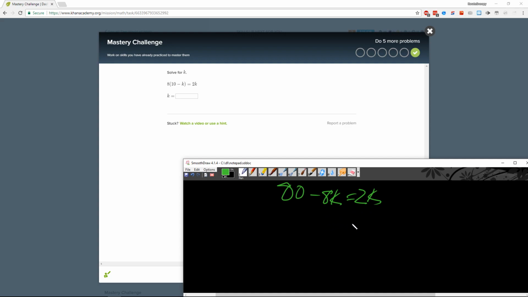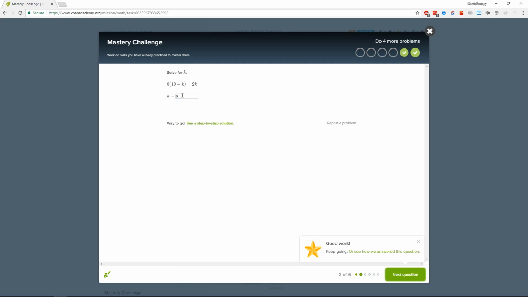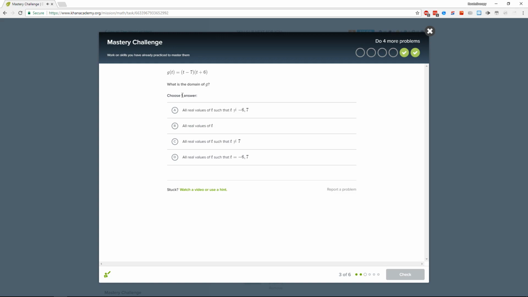Add 8K to both sides. You got 10K, so K equals 8. What's the domain of G? Can't it be anything? Okay, that's fine if it's 0.